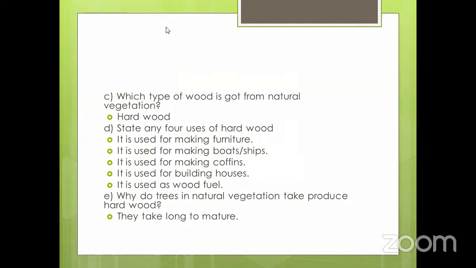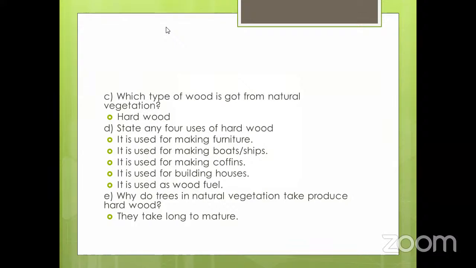Is it equatorial? Mangrove? Desert? Which type of vegetation is this? Yes, Ruth. Savannah. No, thank you. Good try. Tropical rainforest.